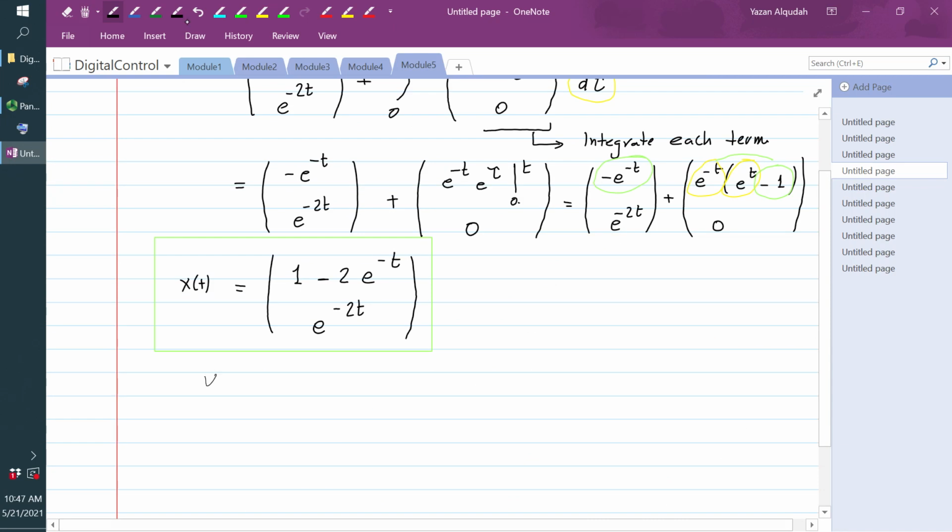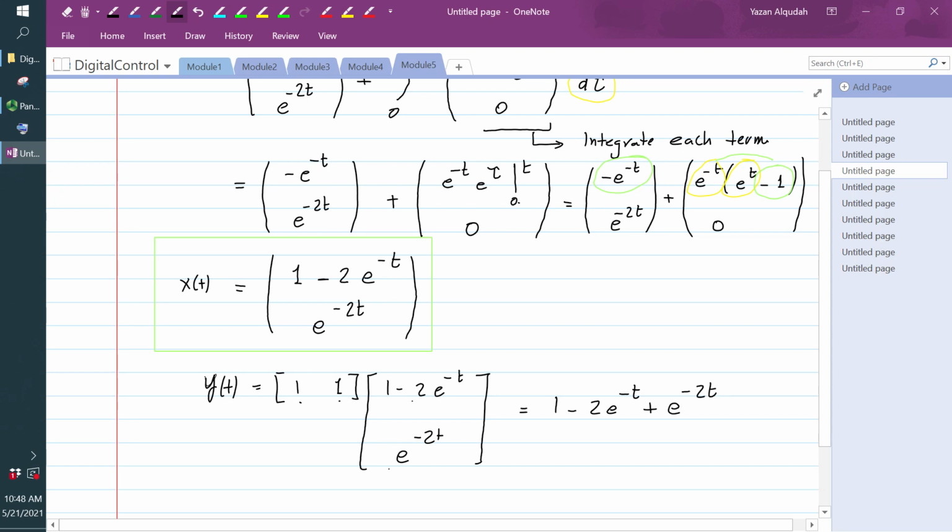Y of t is going to equal 1, 1, which is the C matrix, multiplied by x, which is 1 minus 2 e to -t, and e to -2t. And if I multiply these together, 1 is going to multiply by this, I'm going to get 1 minus 2 e to -t plus e to -2t. And this is my output y of t.